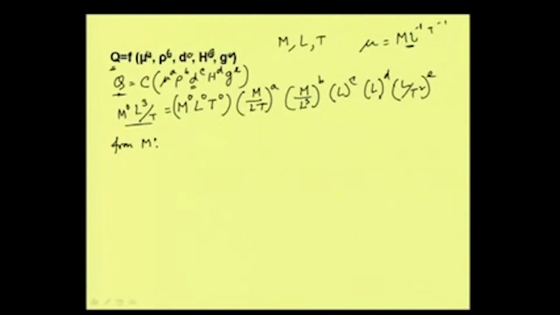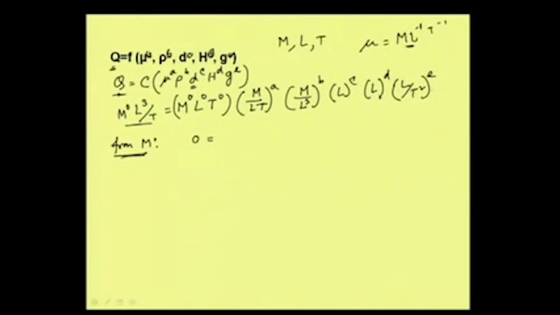So if we equate the exponent of M, on the left hand side it is 0. We are writing the exponents. Then on the right side, M to the power 0 into M to the power a gives 0 plus a, and then M to the power b, so it will be M to the power a plus b.